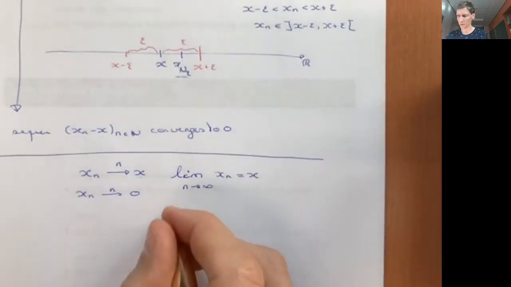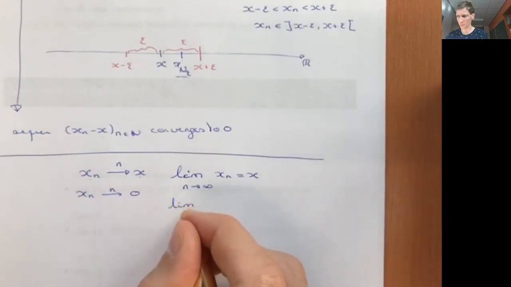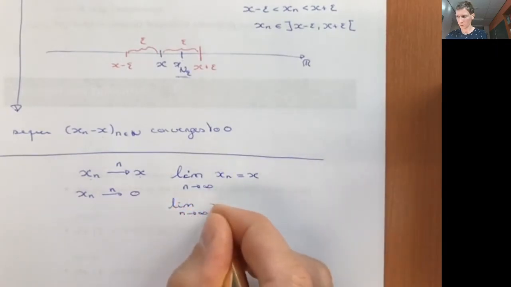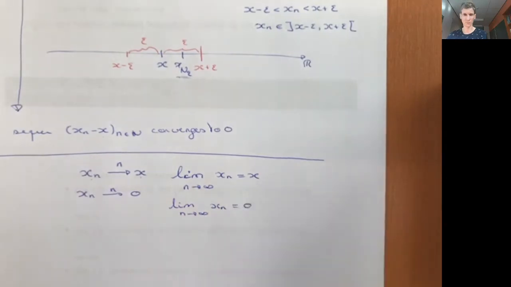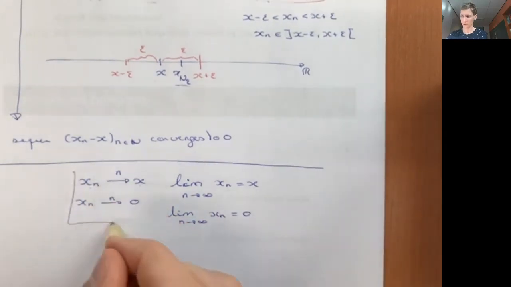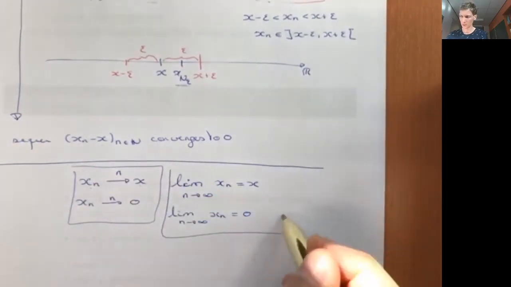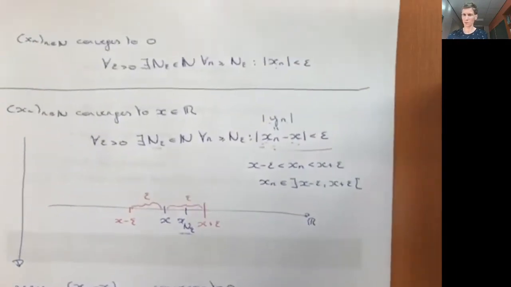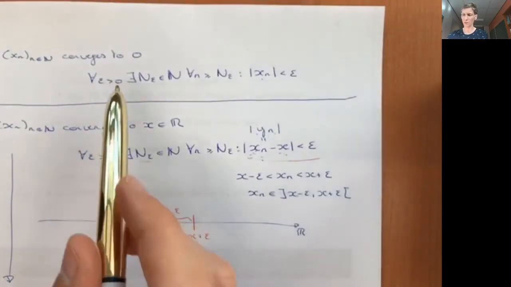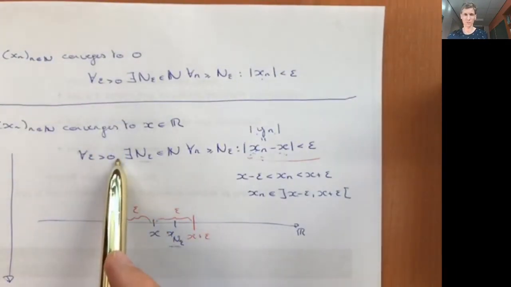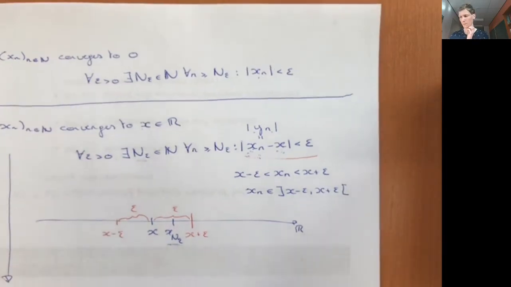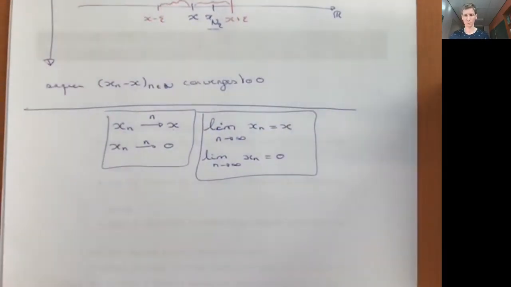So in this case you can say that the limit of n going to infinity of xn is equal to 0. This is shorthand for writing down this entire thing here or this entire thing here. Good.